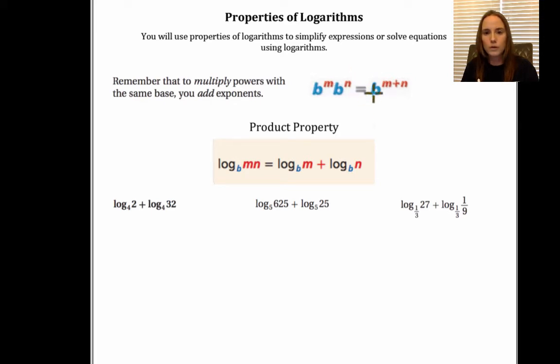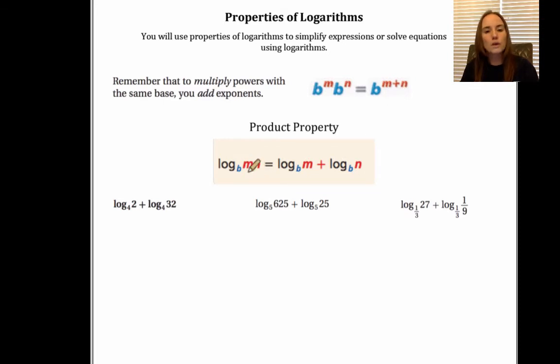So we could rewrite it as b to the m plus n power. That would be an exponential form. Now, with the logarithmic form, the same operations are happening, multiplication and addition. Back up here, we were multiplying with the bases, and then we add it over here.